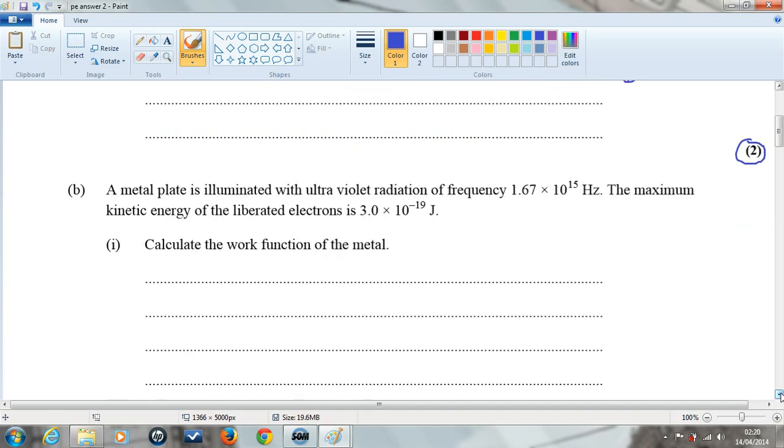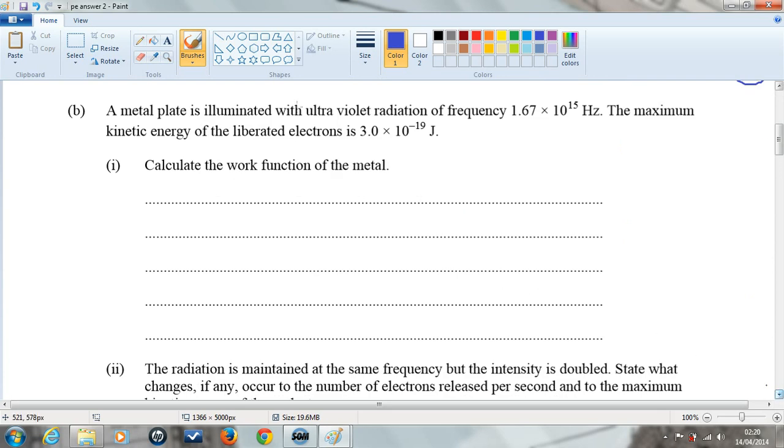Then if we go down to the next part, we're told that a metal plate is illuminated with UV radiation and they give us the frequency. We're also told that the electrons have a maximum kinetic energy and these electrons have been liberated, and that means instantly we know that the energy, E equals HF, of our photons must be greater than the work function of the material, and we know it must be greater and not greater than or equal to because the electrons have got extra kinetic energy.